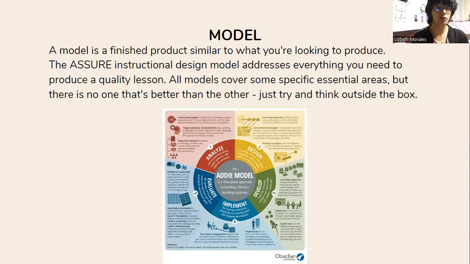All models that we have cover some specific essential areas, but there is not one better than another. Just think what is better for you or what is better for the area. Next, please.